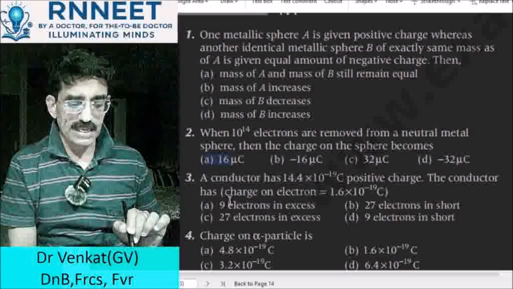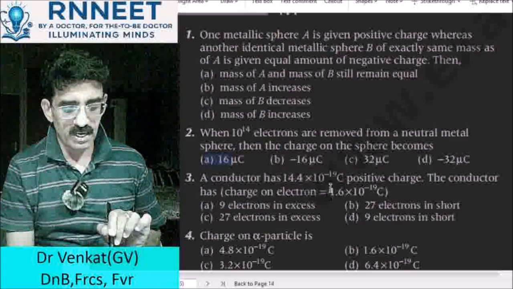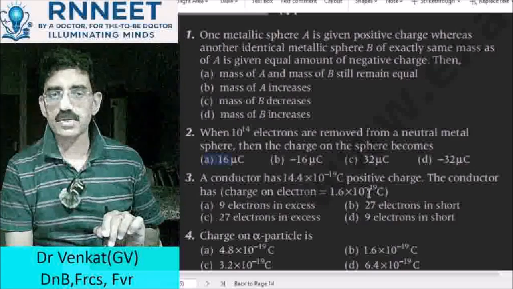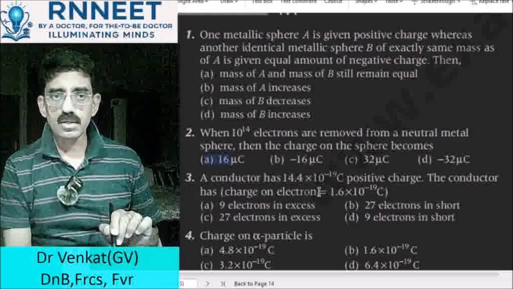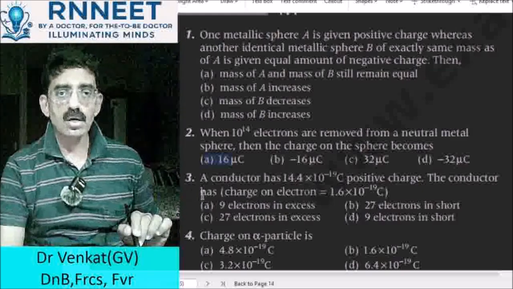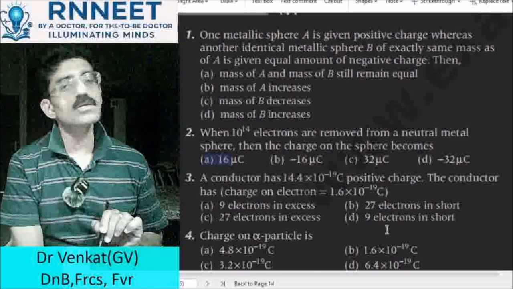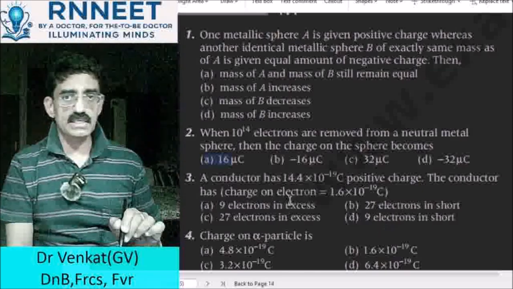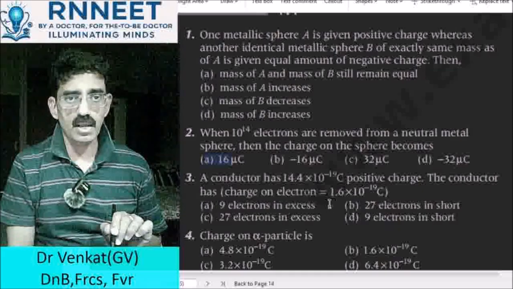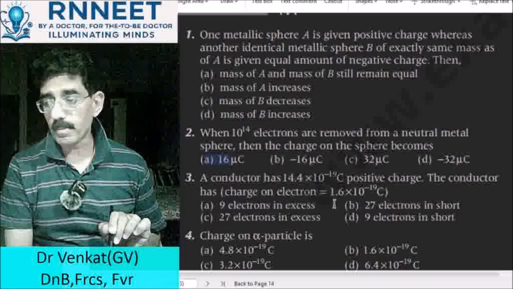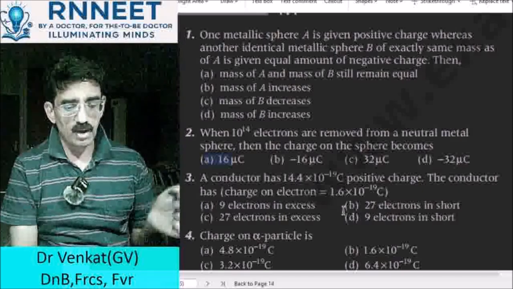A conductor has 14.4 into 10 to the power minus 19 coulomb of positive charge. That is the net amount of charge. The conductor has how many electrons in excess or in short? Simple, because it is a positive charge, the electrons will be deficient. It cannot be excess. And how much?